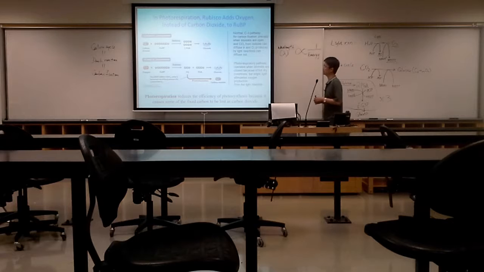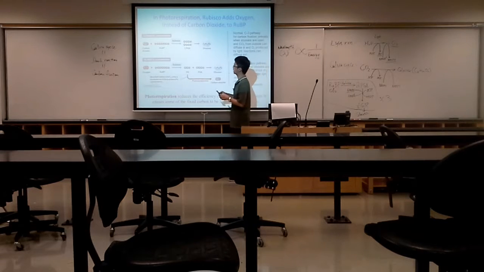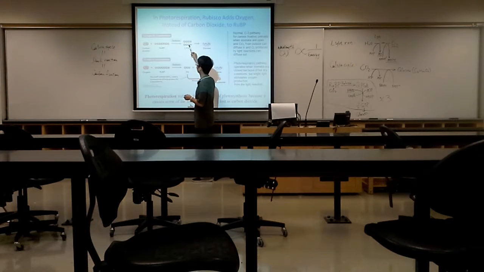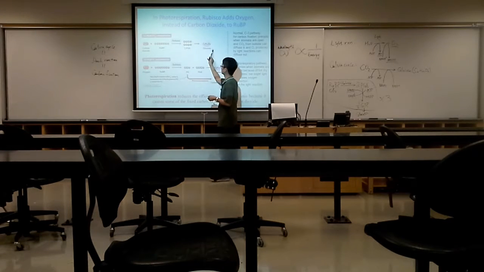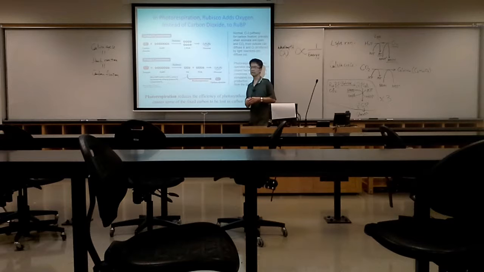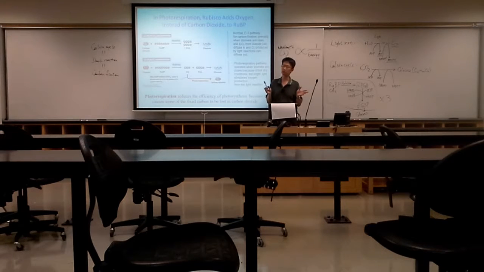Carbon dioxide and RuBP, Rubisco makes PGA, and then eventually you make glucose. This is under the so-called normal situation.